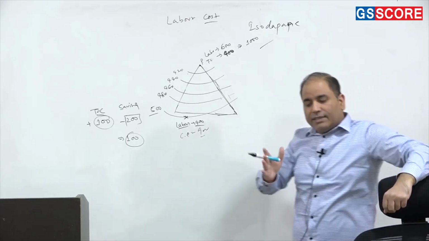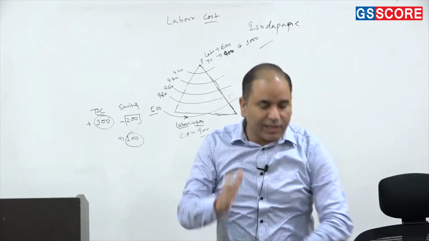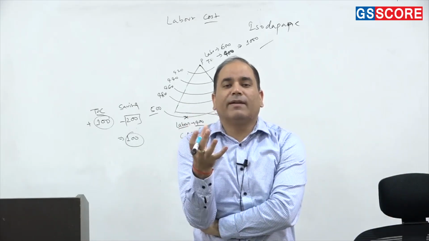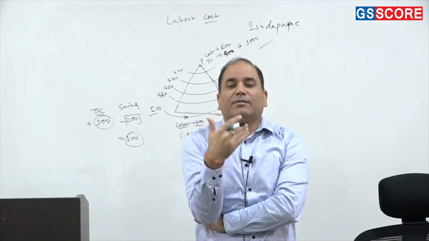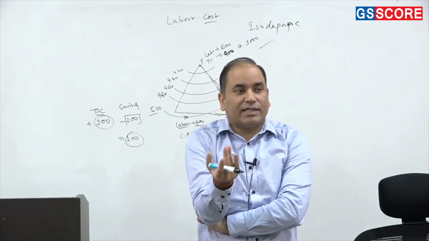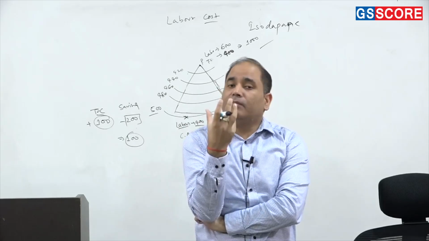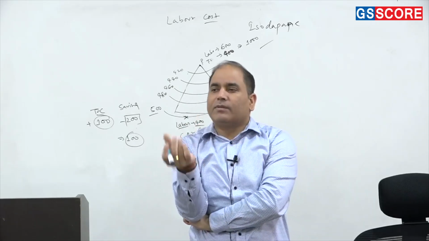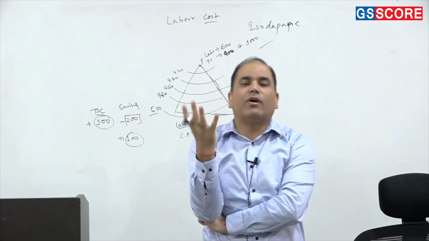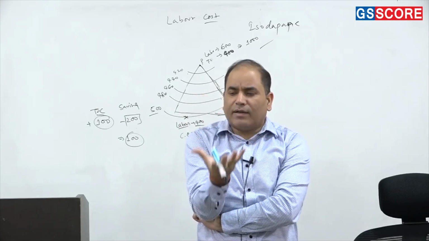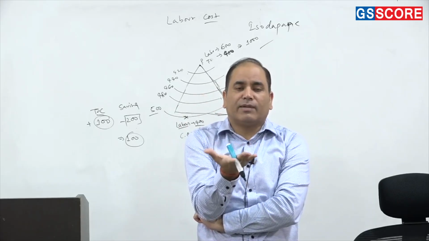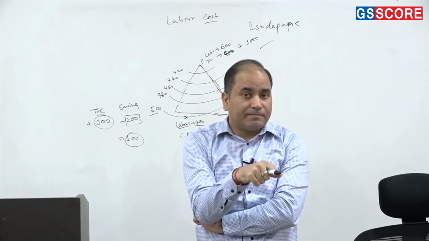So Weber considered that yes, there will exist some locations where the transportation cost will be extra, ज़्यादा लगेगा, but because of the availability of labor, skilling and other conditions, might be socio-economic conditions, the labor cost will be cheaper.